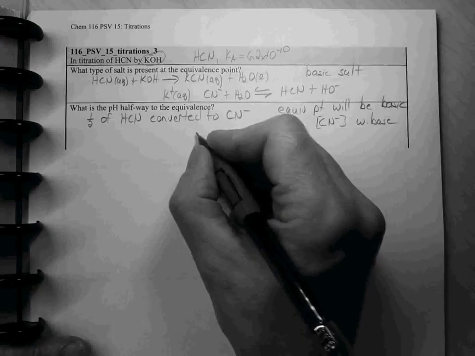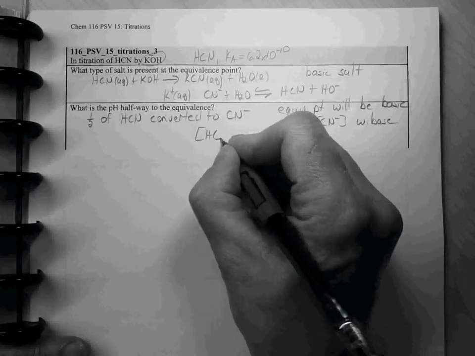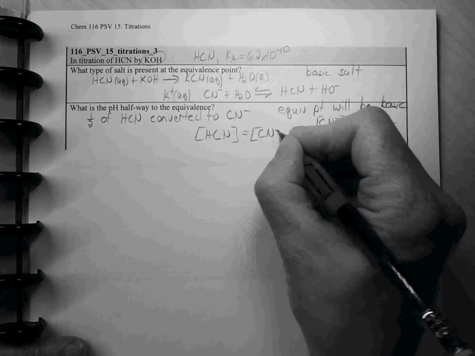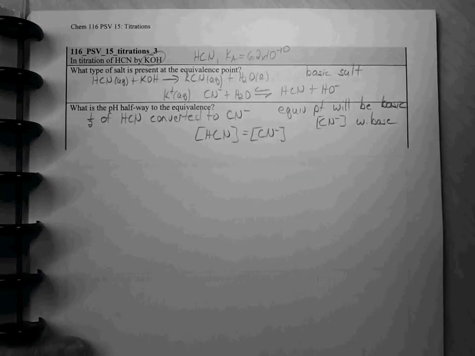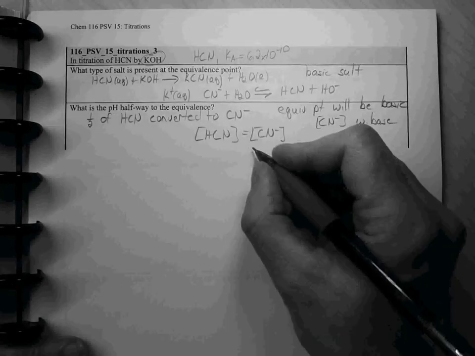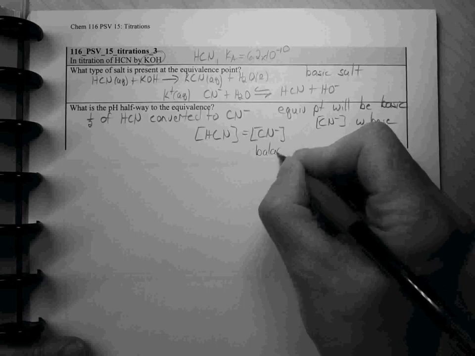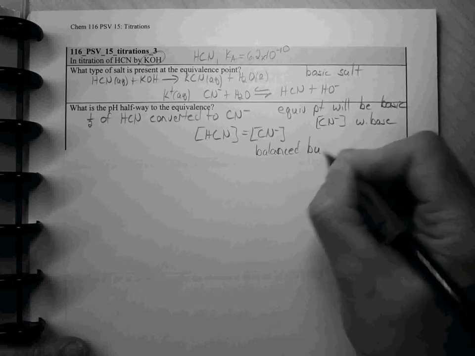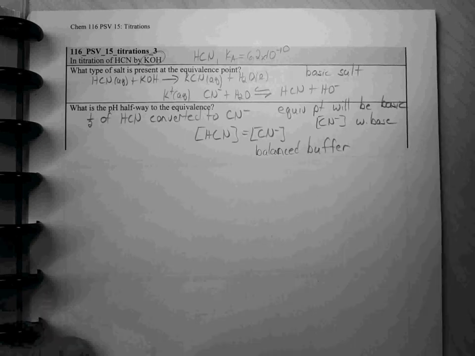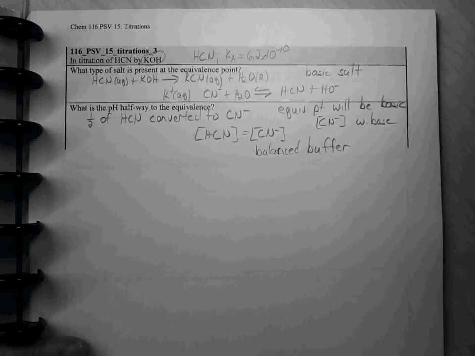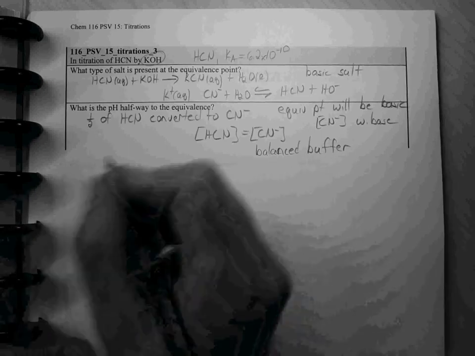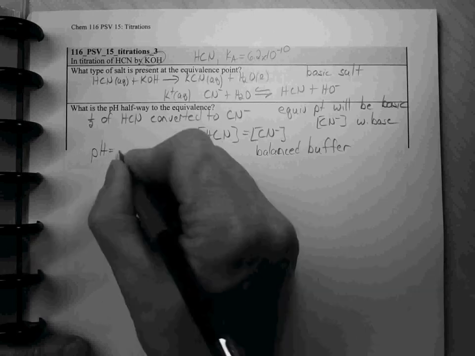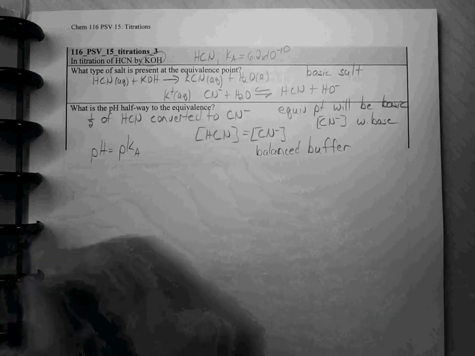So we have essentially a situation where HCN, the concentration of the remaining acid, is the same as the conjugate base, a balanced buffer. And halfway to equivalence, we have a balanced buffer, and therefore pH is equal to pKa.